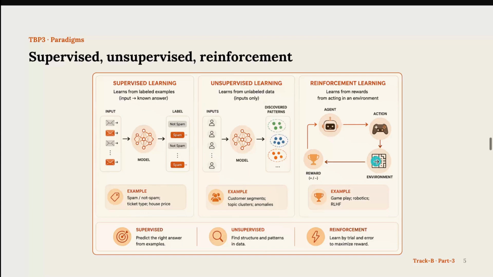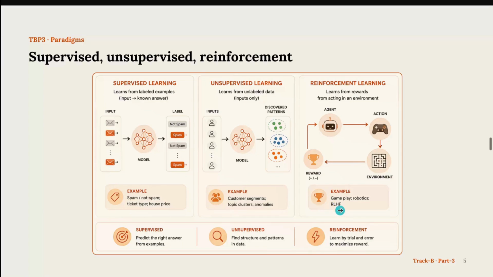If it is in the right direction, we reward it positively. If it is not, we reward it negatively. Examples include gameplay, robotics, and reinforcement learning through human feedback, where initially the LLM models were trained for providing the right answers. All that happened through reinforcement learning from human feedback.